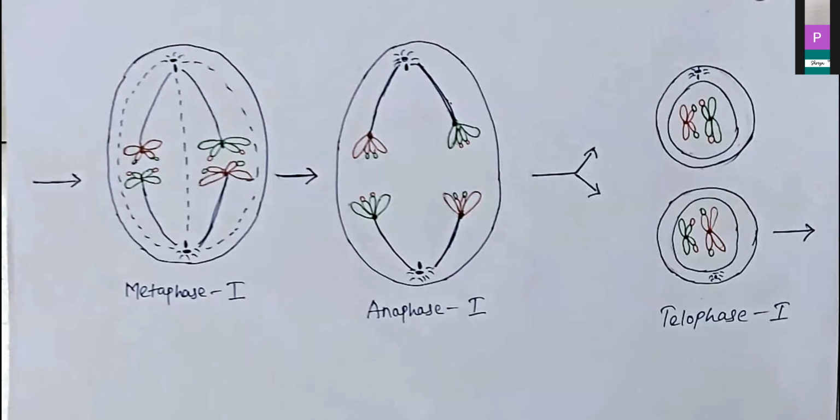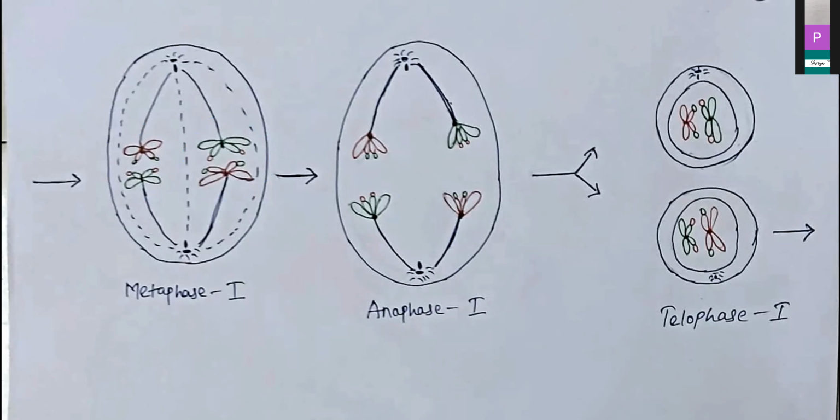As you can see, pairs of homologous chromosomes which have already completed their recombination are getting aligned on the equatorial plate. It's not the single chromosomes, it's the pairs of homologous chromosomes which are getting aligned over there.